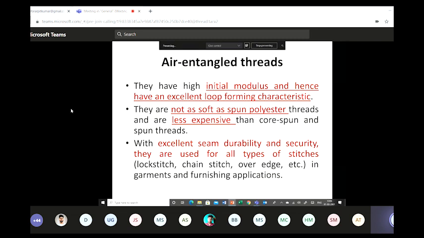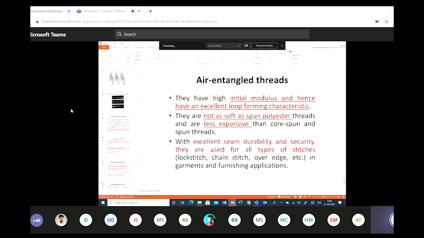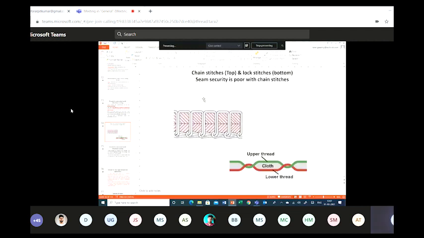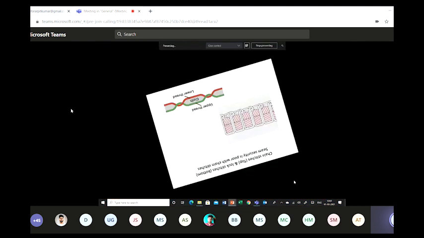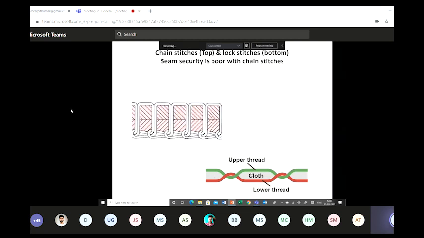So while sewing, what happened? You are using two sets of threads. Let me go back to some pictures. So here you can see on the top the chain stitch, and on the bottom the lock stitch.